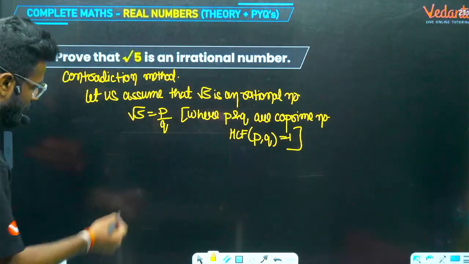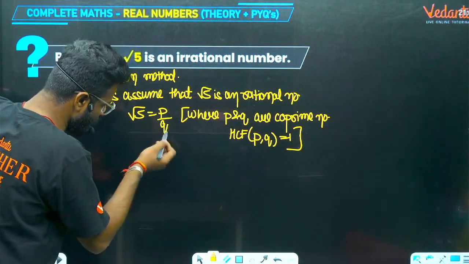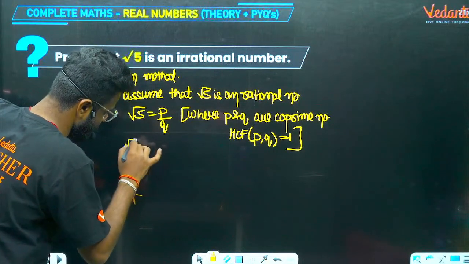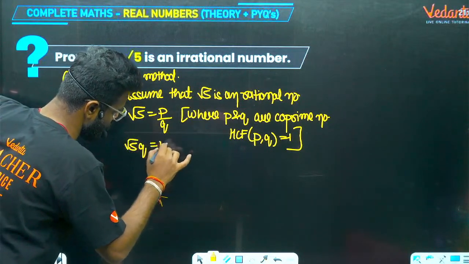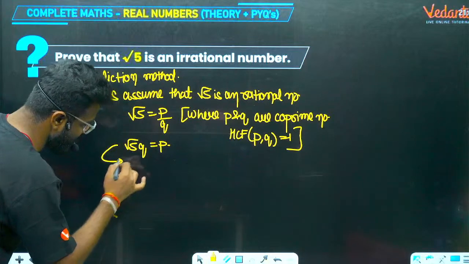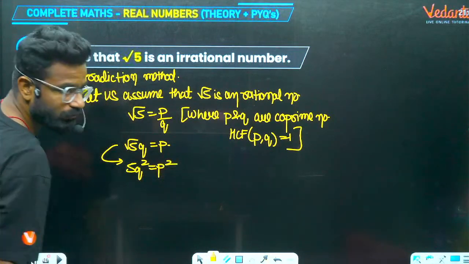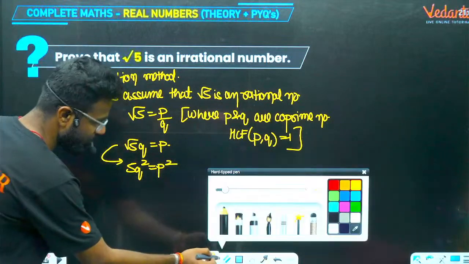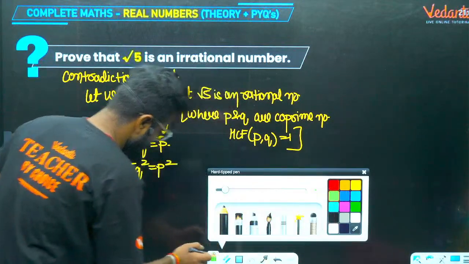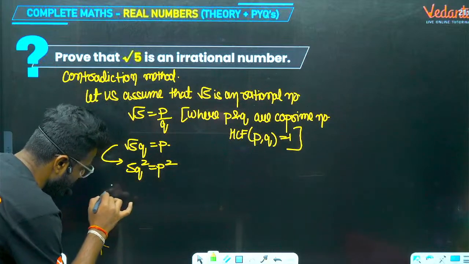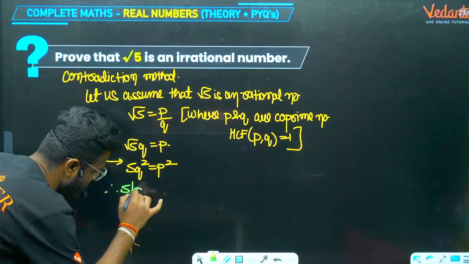It's clear? Now transpose the Q to the left side, we get root 5 Q is equal to P. On squaring both the sides, we get 5Q square is equal to P square. Now here we can simply see that 5 divides P square.